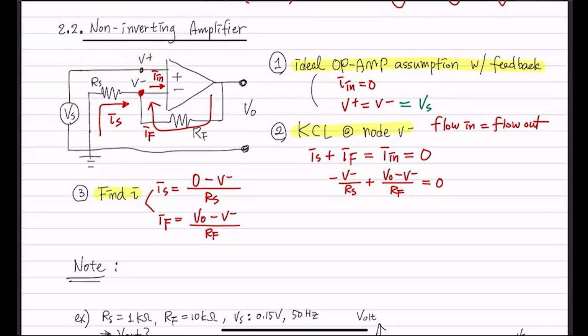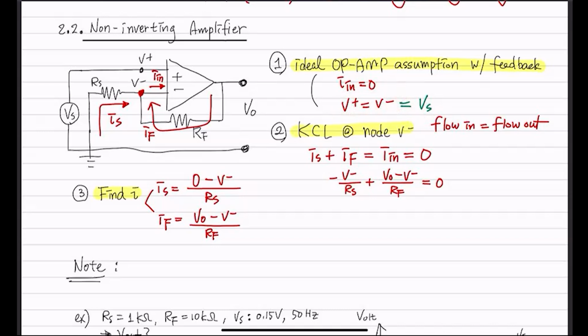So this is what I mentioned. This is the ideal assumption, and it's not always going to be 0 or Vs or anything. The actual value is going to change depending on whether V positive or negative is connected to a certain node. But this relationship, V positive is the same as V negative, is always going to be the same.